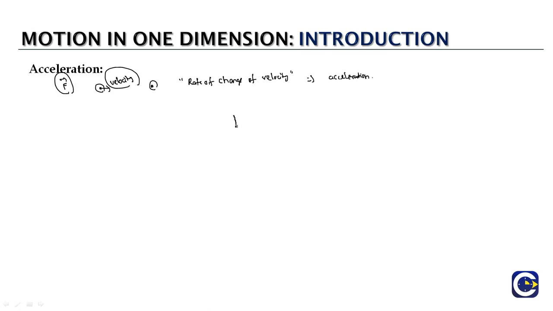Now the way we talked about the average and instantaneous values, here also we can talk about the average as well as the instantaneous values. So what do we mean by this? If you look at the finite time interval delta t of the journey, let us say the initial velocity is u bar. We are always trying to represent the vector notation, and the final velocity is v bar.